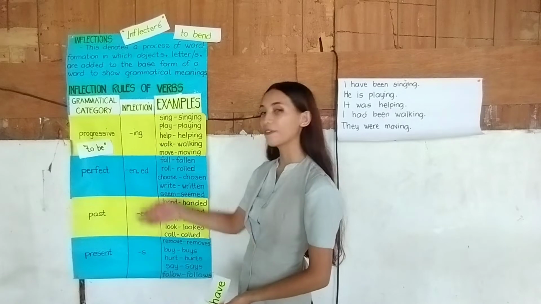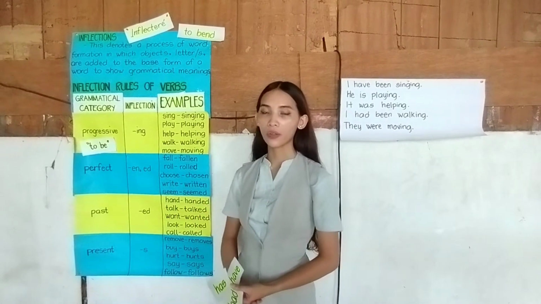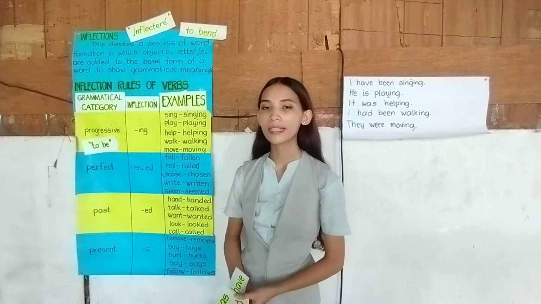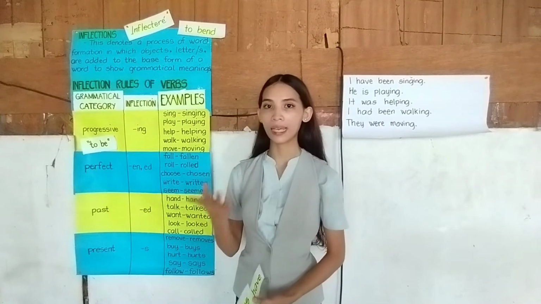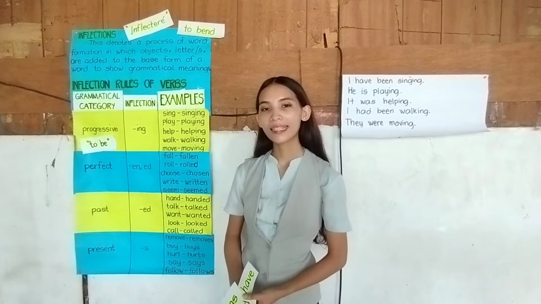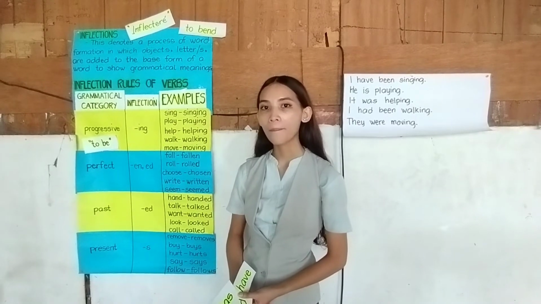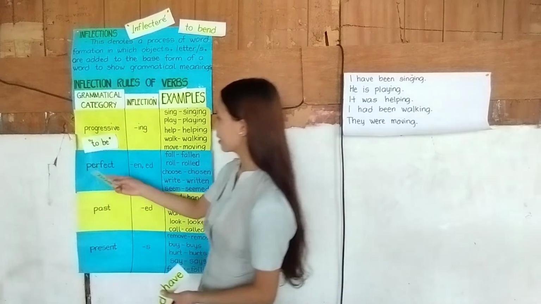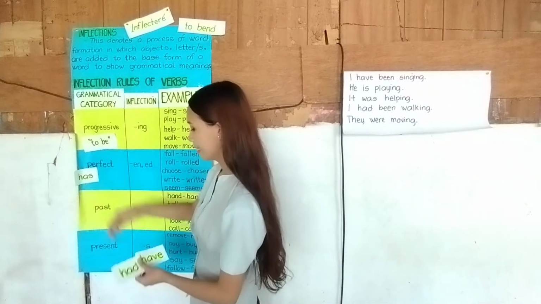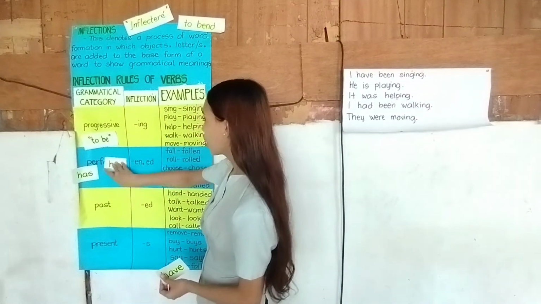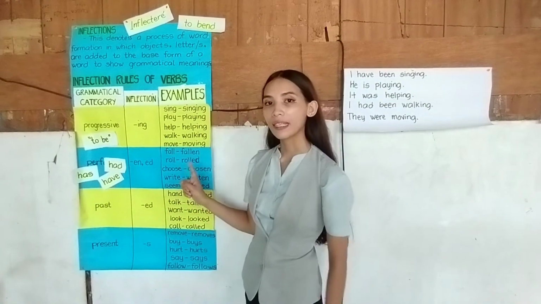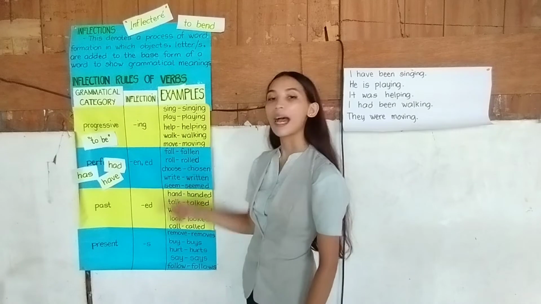While in perfect tense, it talks about those actions that are already done and completed in a time while we are speaking about them. This tense is expressed by adding one of the auxiliary verbs such as has, had, or have, and inflected with en or ed at the end of the verb.